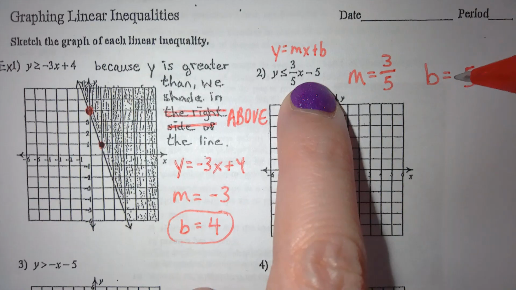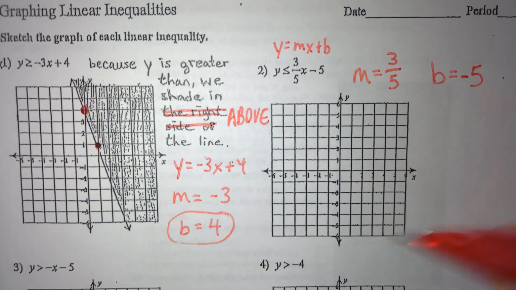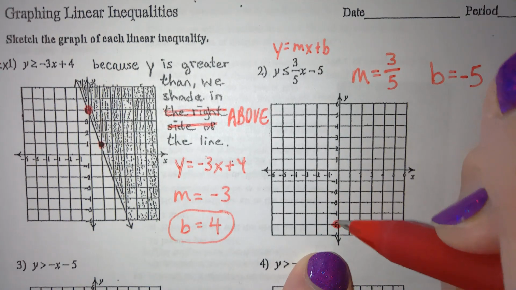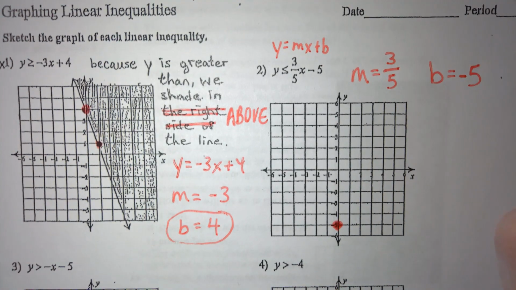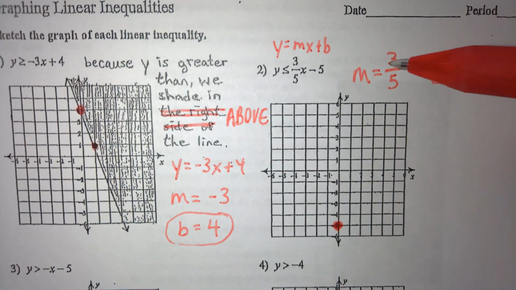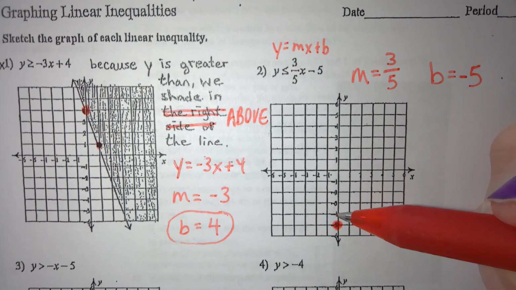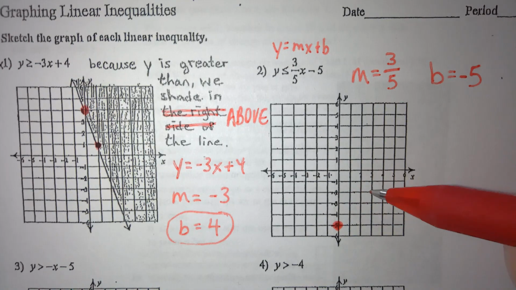negative 5. Right. And so we're going to plot the negative 5 first, which gives us this 1 point. Your y-intercept always tells you 1 point already. And then the slope 3 over 5 means I'm going to go up the elevator 3 floors, 1, 2, 3, and then 5 doors to the right.